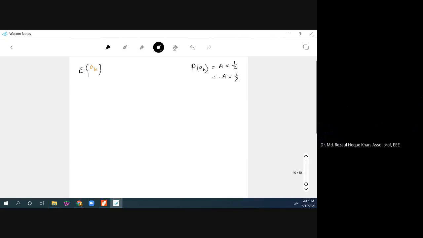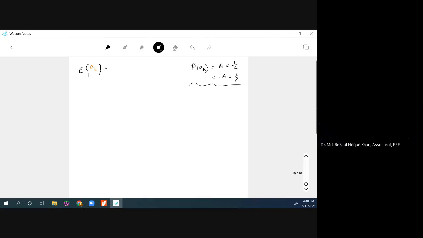So we need this idea of probabilities, because AK is random. Why are we looking for the probability? Because AK is a random value, right? So the probability of this random variable is half and half. What is the expected value?